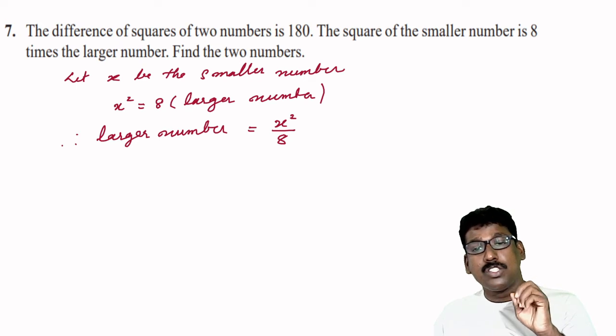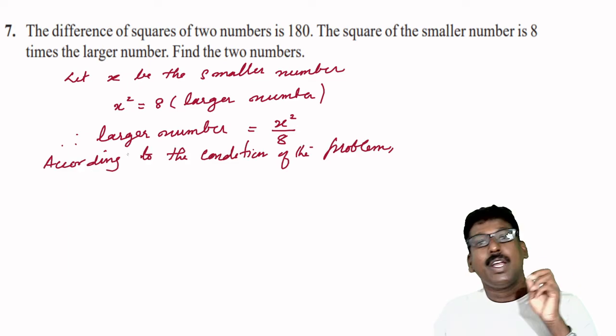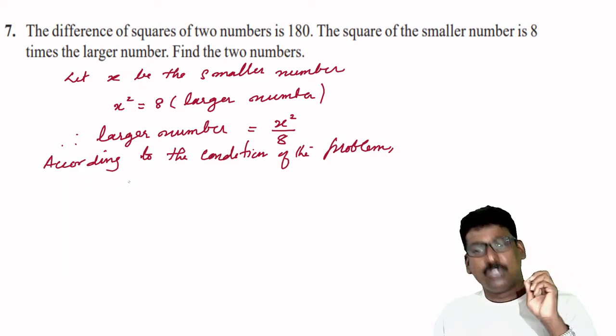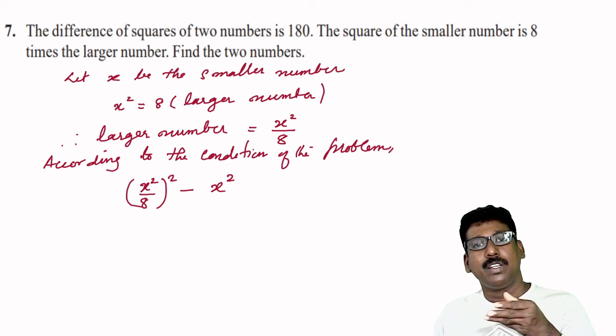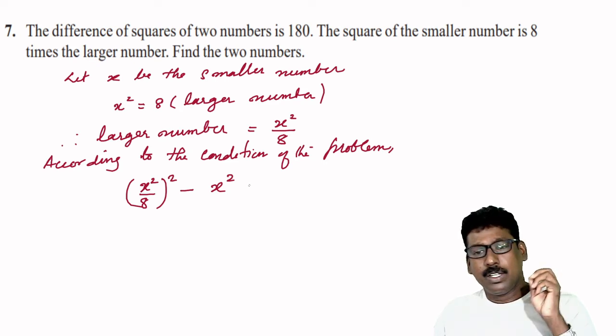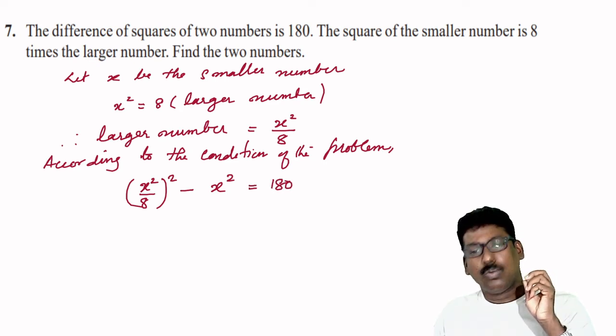The difference of squares of two numbers is 180. So we can write, according to the condition of the problem, the difference of squares, that means x square by 8 is the larger number, its square, minus x is the smaller number and its square. This is the difference of squares, which is equal to 180.